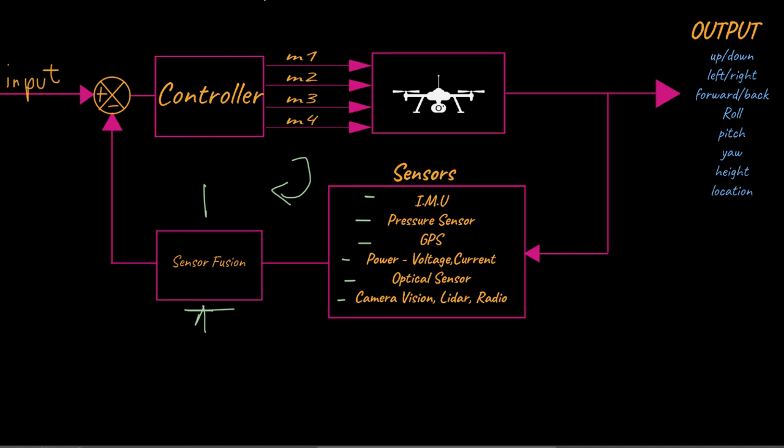But the real question is, how does it know what speeds it needs to set? What signals does it need to send to the quadcopter so that the speed of the motors does not make the quadcopter crash or become unstable? This is what we're really trying to accomplish.